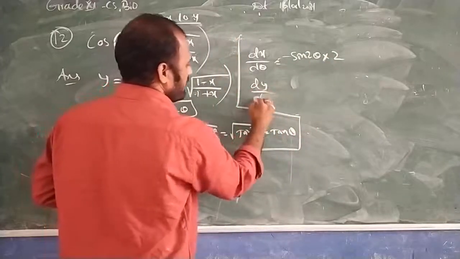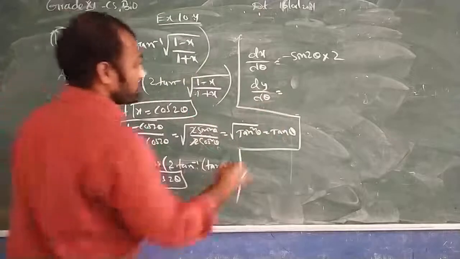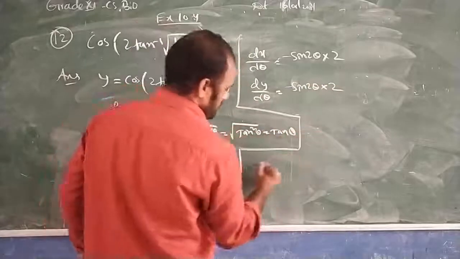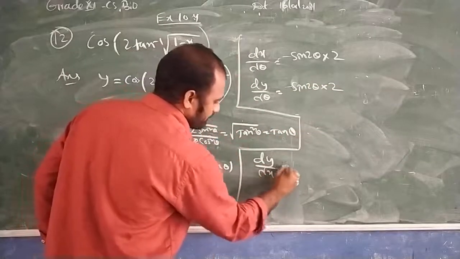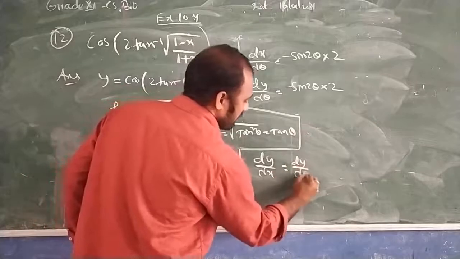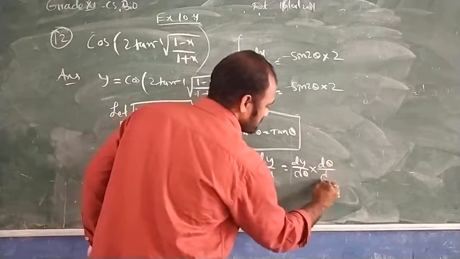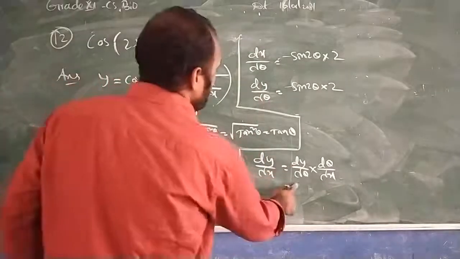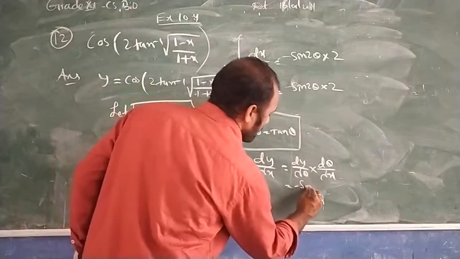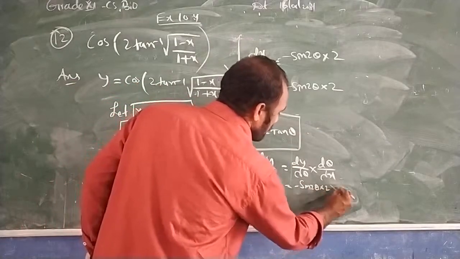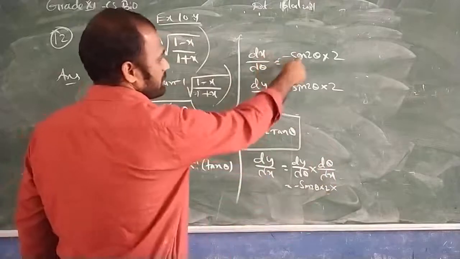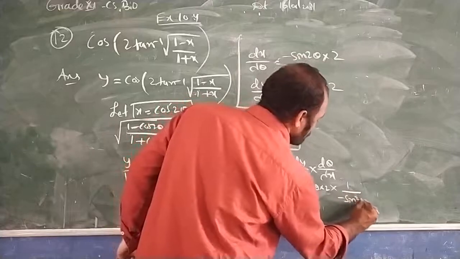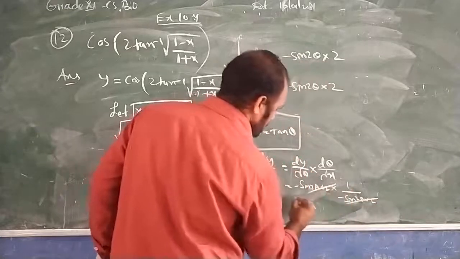Next, dy by d theta: the derivative of cos 2 theta is again minus sin 2 theta into 2. The question asks me to find dy by dx, which can be written as dy by d theta into d theta by dx. So dy by d theta is minus sin 2 theta into 2, and d theta by dx is the reciprocal, 1 by minus sin 2 theta into 2. So this gets cancelled. The answer is 1.